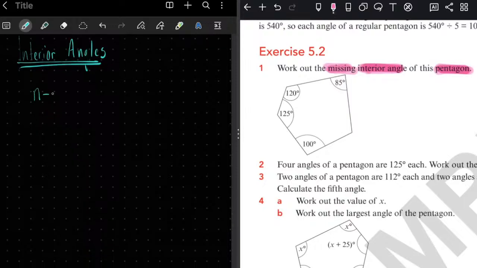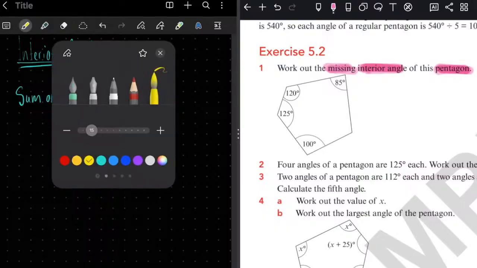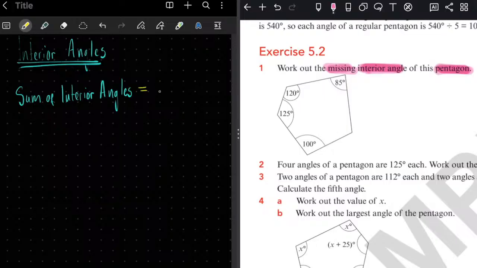Sum of interior angles. Every stage 9 student should know this. Sum of interior angles is equal to n minus 2, then times 180 degrees.